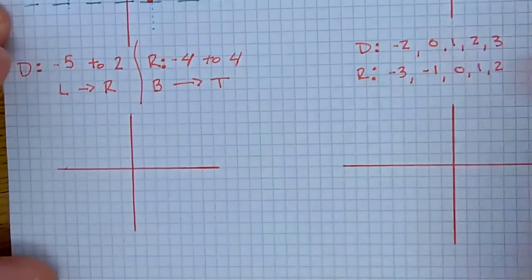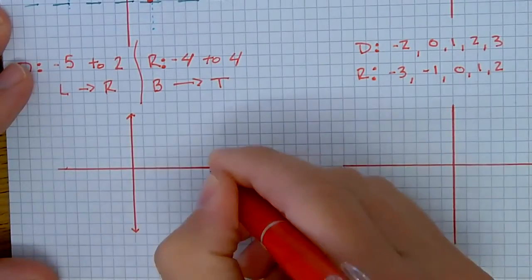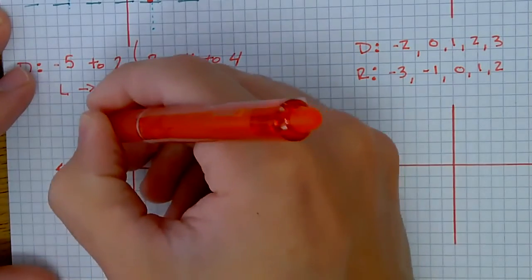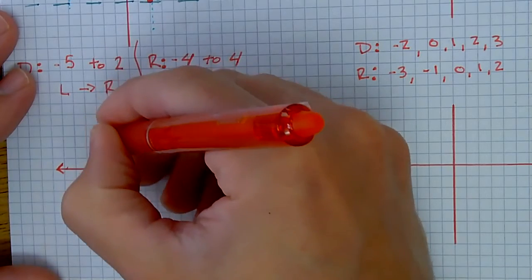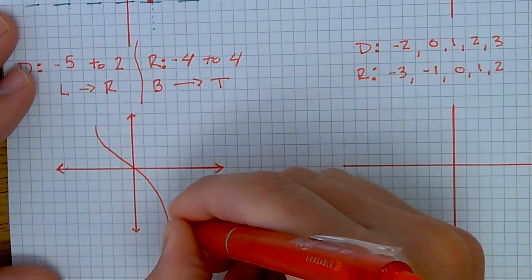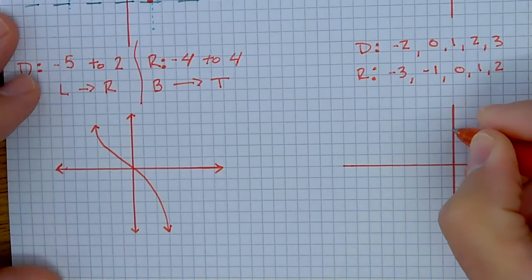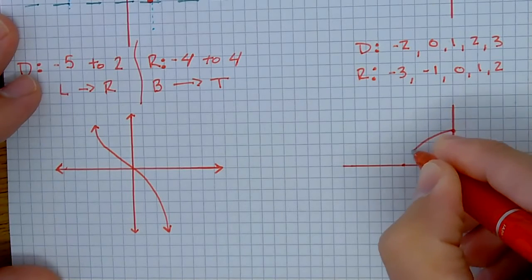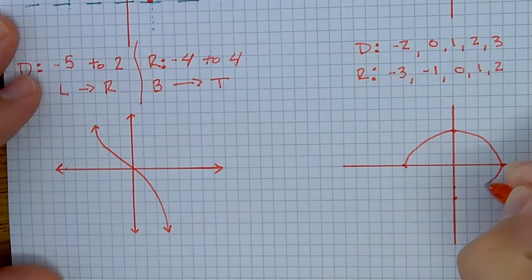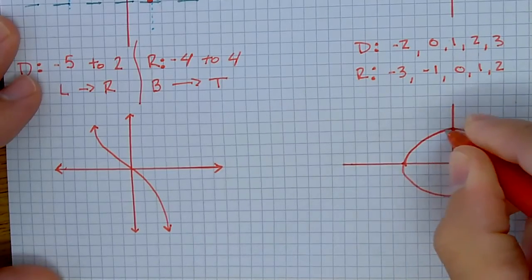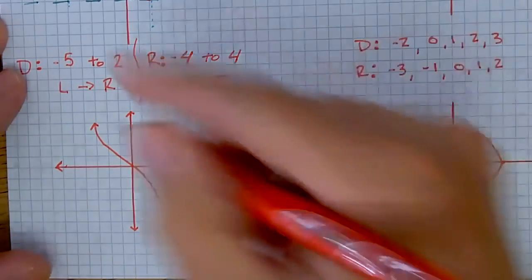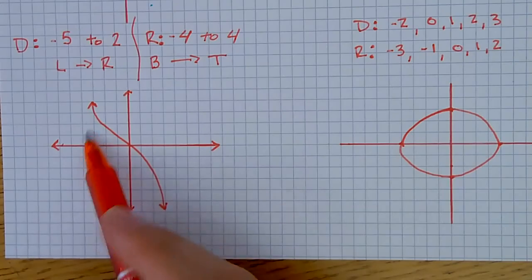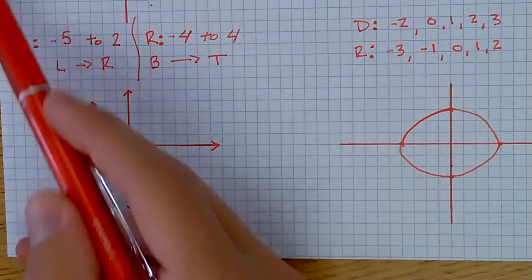Two more examples here. On this first one here, notice we have arrows, meaning the graph continues going in that direction.